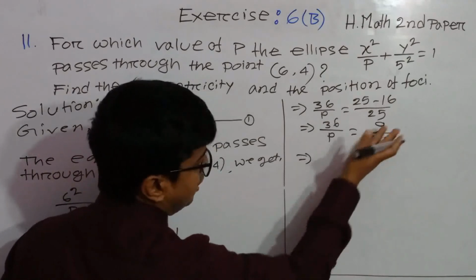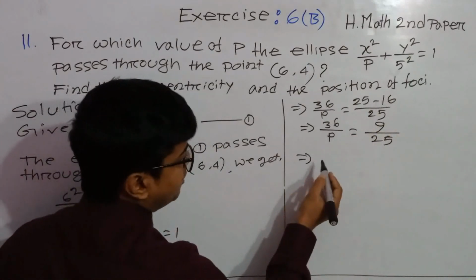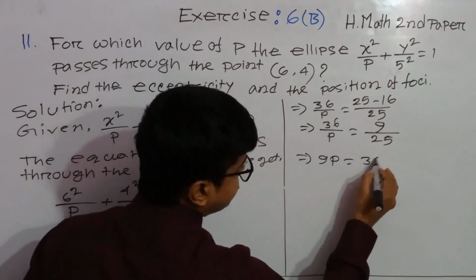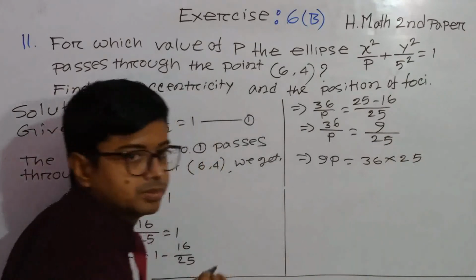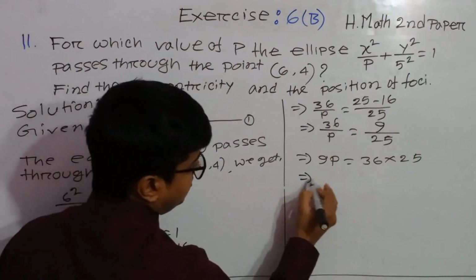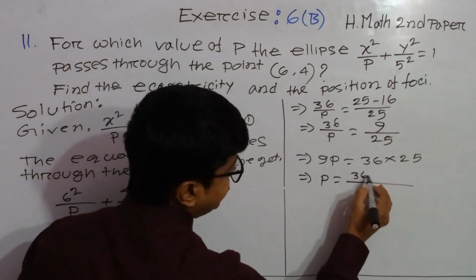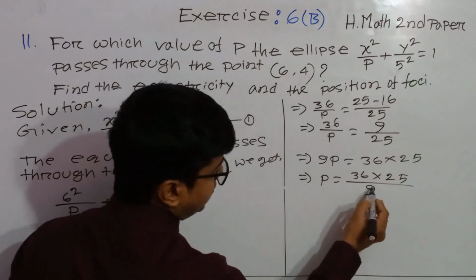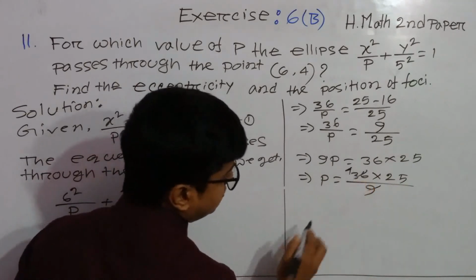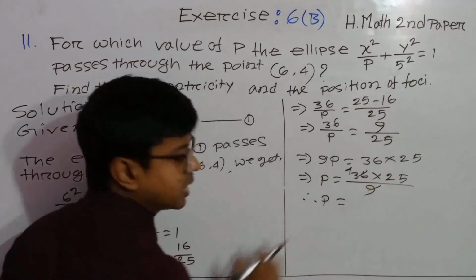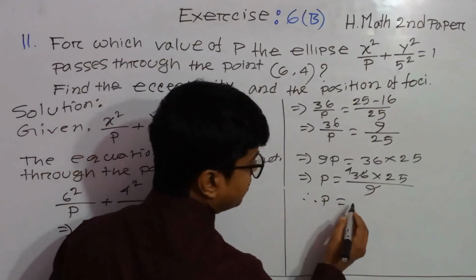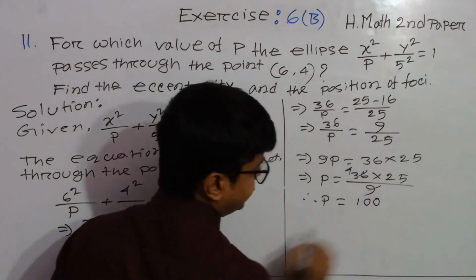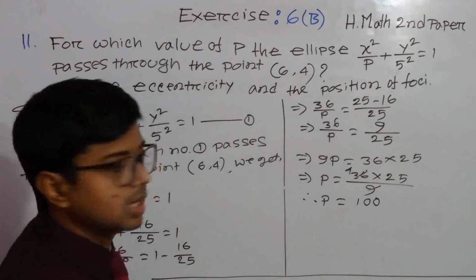Now we can apply the cross multiplication method. So it will be 9p equals 36 into 25. Here p equals 36 into 25 divided by 9. So p equals 4 into 25, which is 100. So p equals 100.